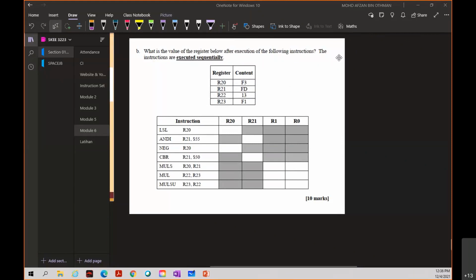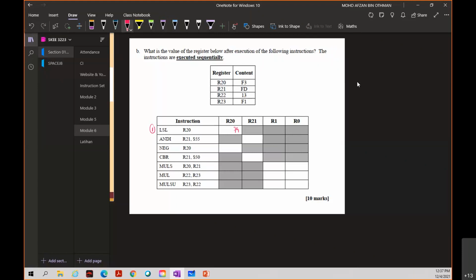Okay, for the first line here, you have the LSL R20. So what would be the answer here, R20? I think 79. Okay, some of your friends are saying 79.